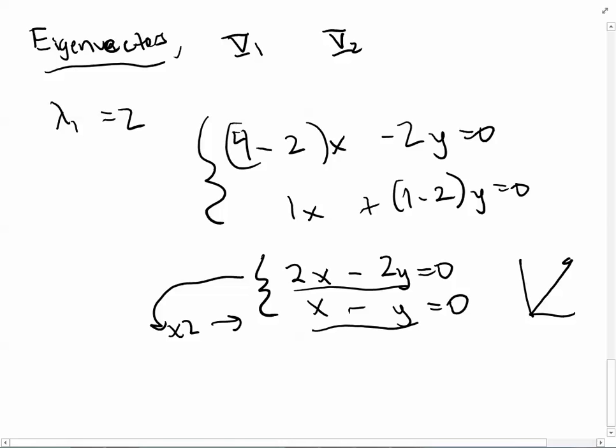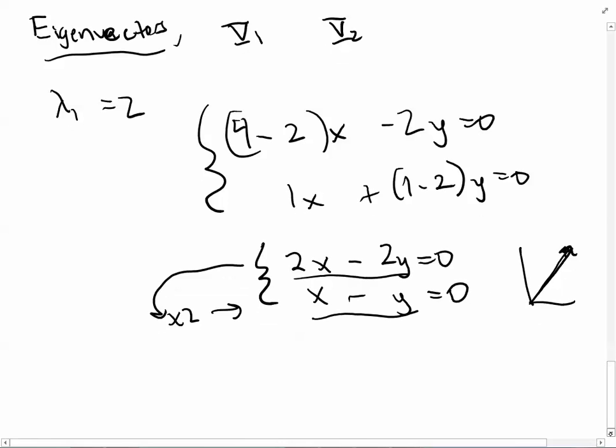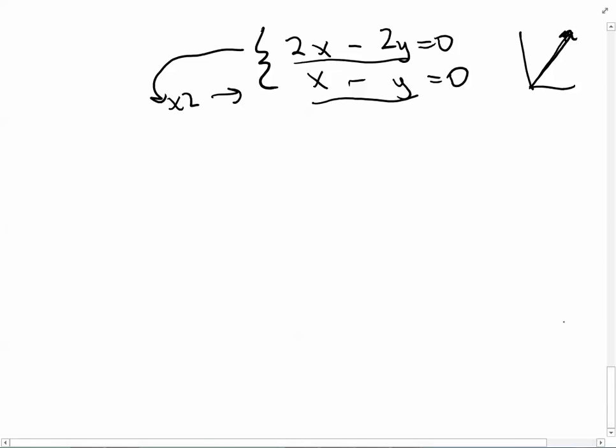So they're the same equation. So how the heck do I find a solution if they're the same equation? Well, that's just the thing. The fact that we have determinant of (A - λI) equals 0 implies that we have infinitely many solutions.